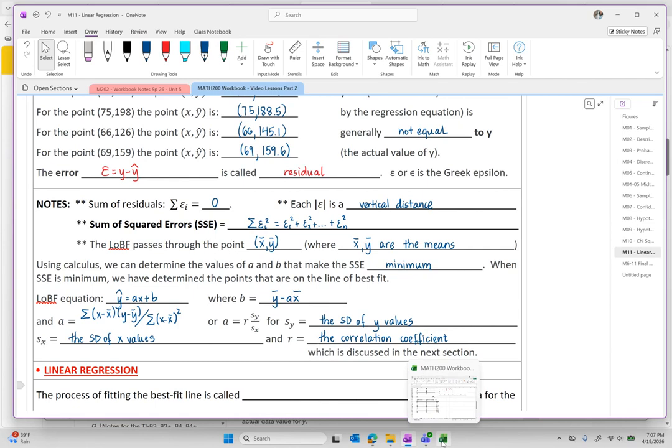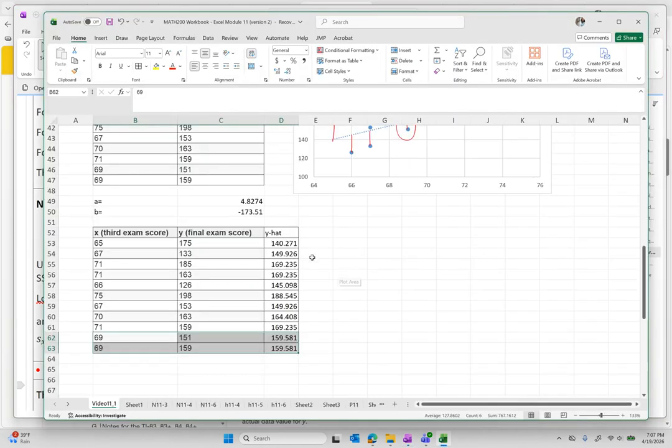So if you paid attention here, if I calculate the residuals, which I have to calculate in an order, it will be y minus y hat. I have to do this y, which is the real y, minus this y hat.